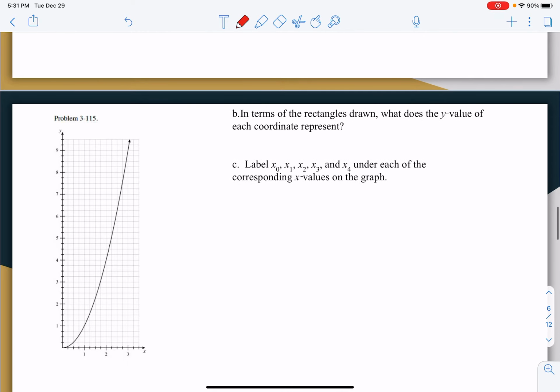But now I'm going to use what's called right endpoint rectangles. So as I start to draw out my rectangles, I'm actually drawing my rectangles above the curve.